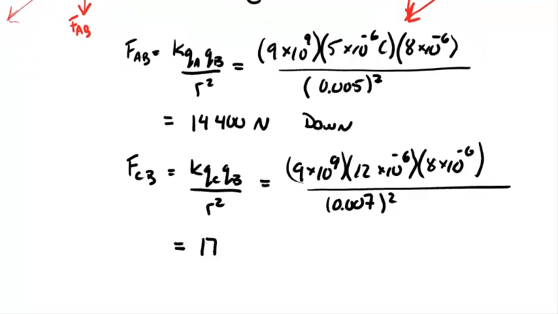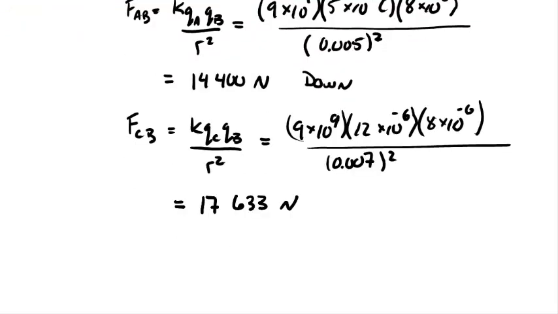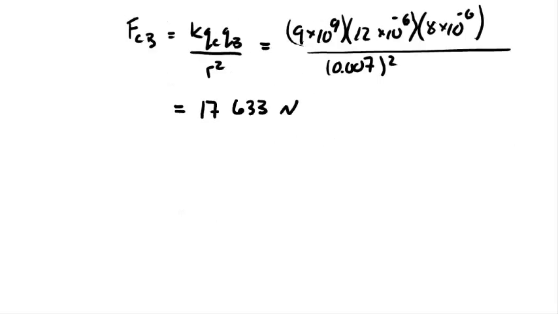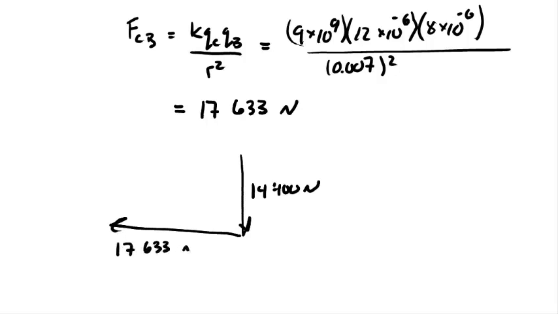And that works out to 17,633 newtons. Okay, so we have our two forces, so we're going to add this head to tail here. I'll say this is 14,400 newtons going down, plus 17,633 newtons going horizontally.